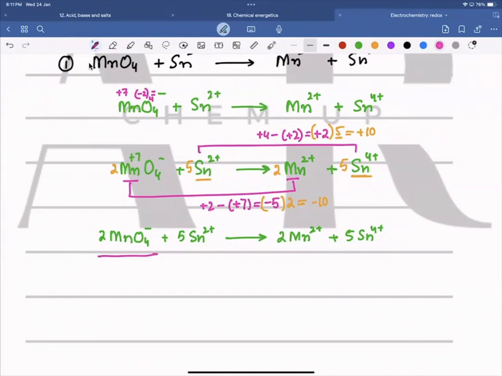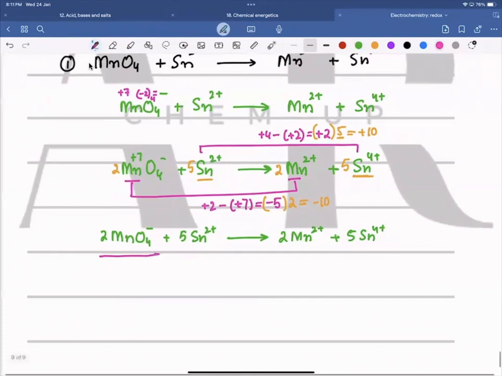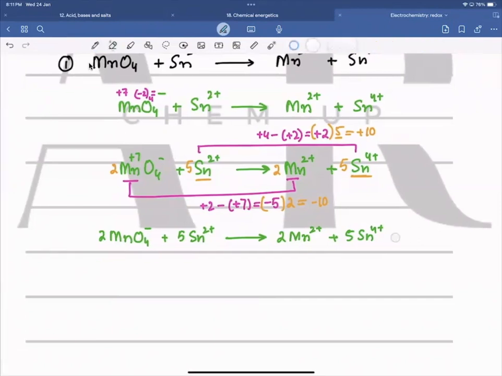Sir, 8. 8, right? Because we have put a 2 over here, so it makes it 8. So it means I am going to put 8 H2O over here. And if I put 8 water over here, that makes 16 hydrogen. So to balance those 16 hydrogen, I am going to put 16 H positive over here. Is this clear now? Yes, sir.